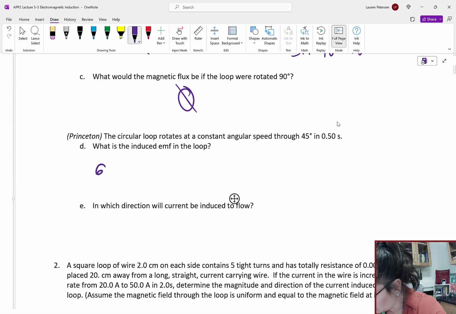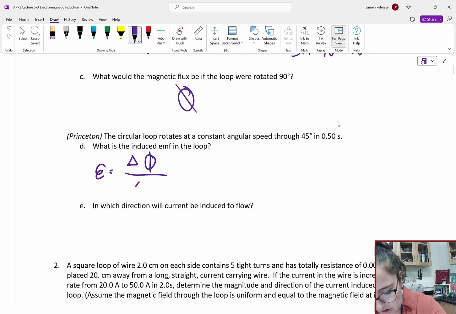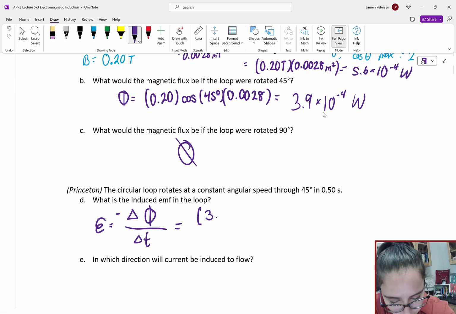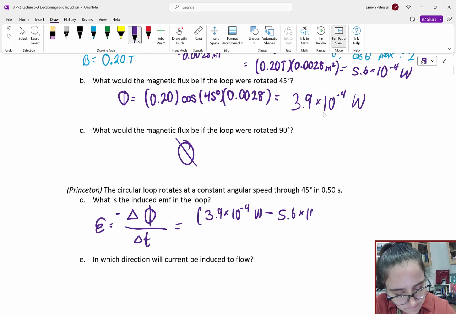Well, the induced EMF is the change in the magnetic flux over that time. So we have our final magnetic flux, with constant angular speed through that 45 degrees. When it hit that 45 degrees, it was at 3.9 times 10 to the negative 4 Webers, where it started at 5.6 times 10 to the negative 4 Webers.